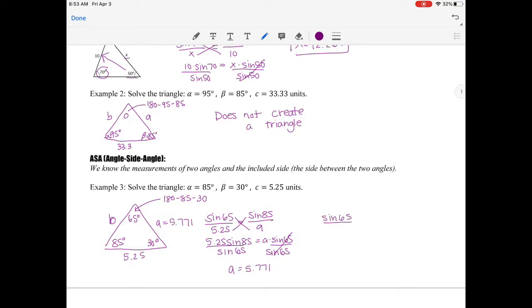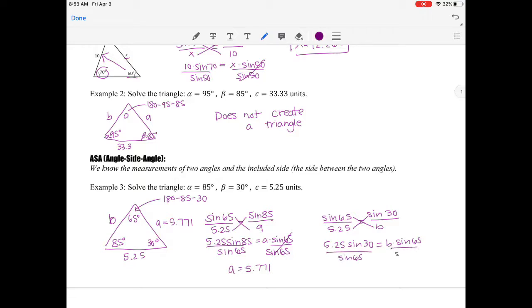We can do the same thing, and I usually take what I already knew, so sine 65 over 5.25. But this time, I'm going to use my sine of 30 all over the B. So think once again about cross multiplying. We get 5.25 sine of 30 equals B times sine of 65.